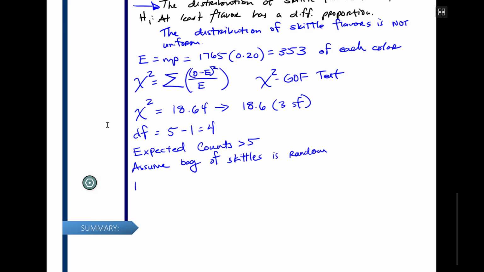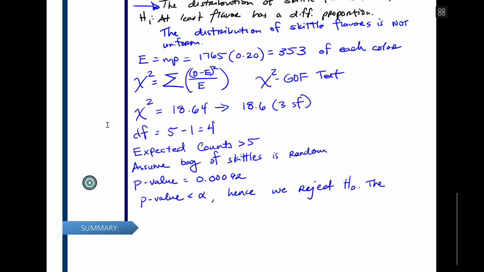And then we get finally our p-value. And our p-value was 0.00092, and that is definitely less than alpha. So our p-value is less than our alpha of 0.05. Hence, we reject the null hypothesis.